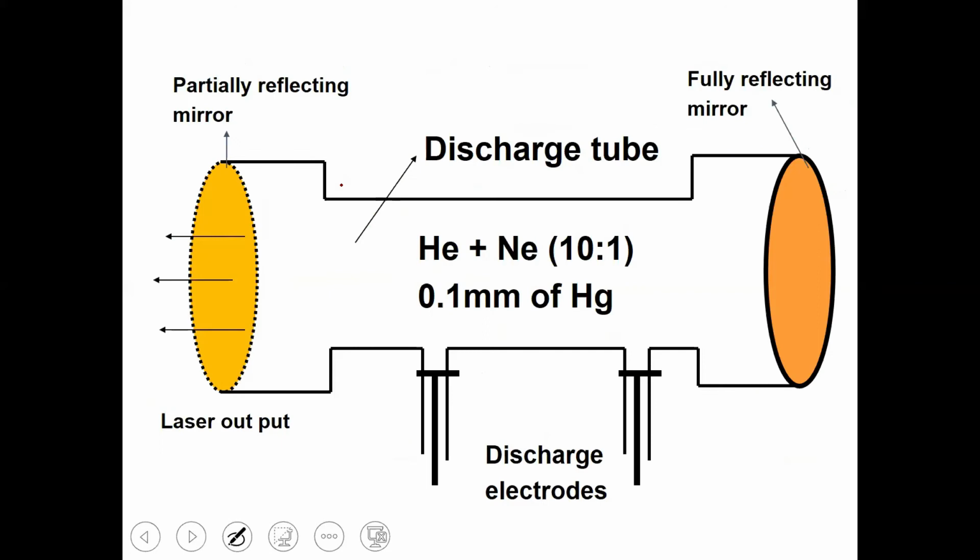This is the block diagram of the helium neon gas laser. This is the partially reflecting mirror, and this is the fully reflecting mirror. We fill the gas at a ratio of 10:1, at a pressure of 0.1 mm of Hg for neon gas and 1 mm of Hg for helium gas.